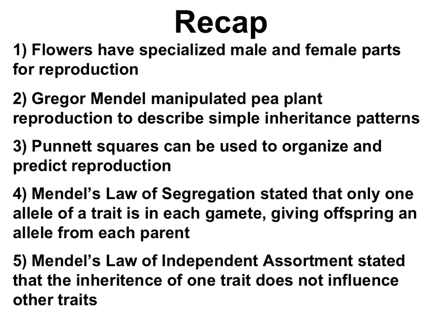So let's recap. This video started by talking about specialized reproductive anatomy of flowering plants. Flowers have male and female reproductive parts. Gregor Mendel understood how plants reproduced, and he used this to do controlled pea plant breedings for studying genetic inheritance patterns that are now called Mendelian genetics. The work of Gregor Mendel led other scientists to develop Punnett squares.